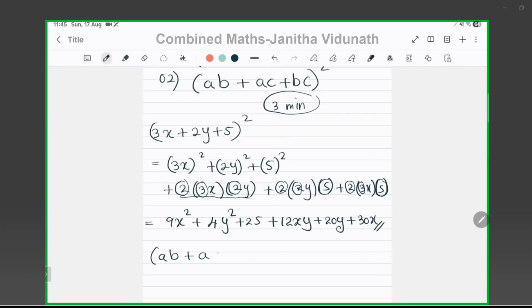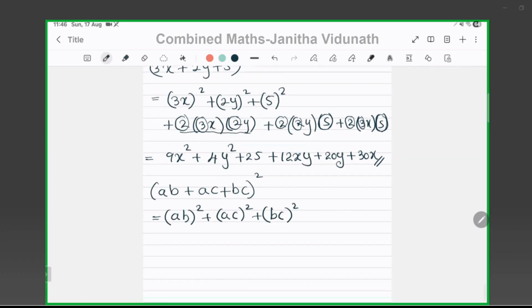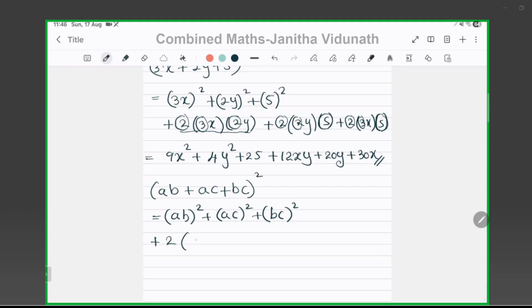Here our second question is (ab + ac + bc) whole square. Then here we have the final answer: square of the first term, square of the second term, square of the third term. Then we have 2 times first term times second term plus 2 times second term times third term plus 2 times first term and the last term.